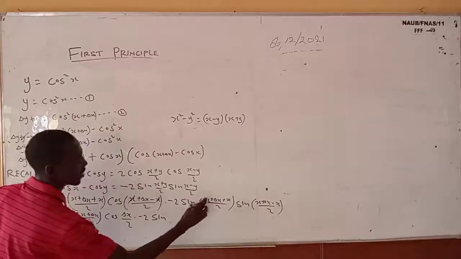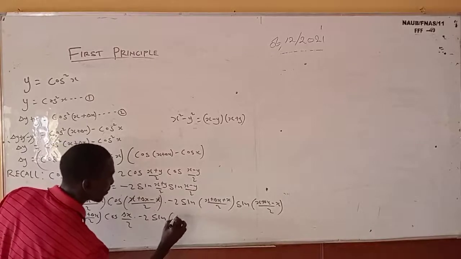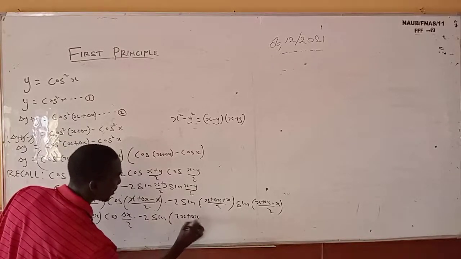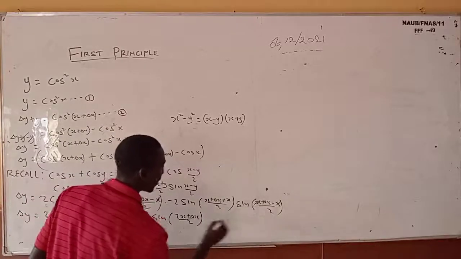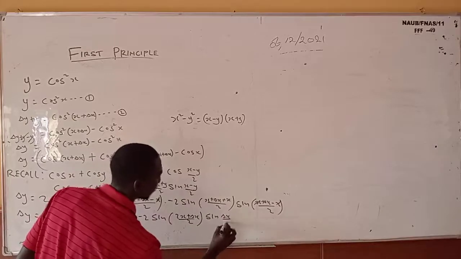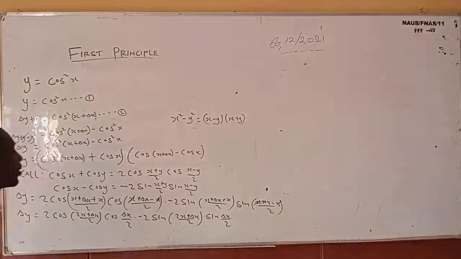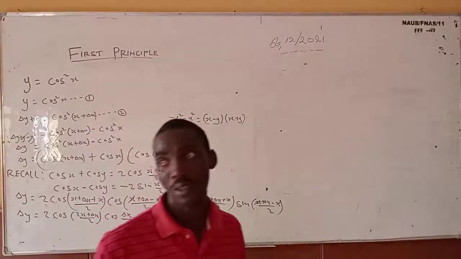Okay, x plus x is 2x, right? So we are going to have 2x plus change in x over 2, then this will cancel out this, and we have sine of change in x over 2. Do you get this? I hope you get this. Please, sorry for the noise.